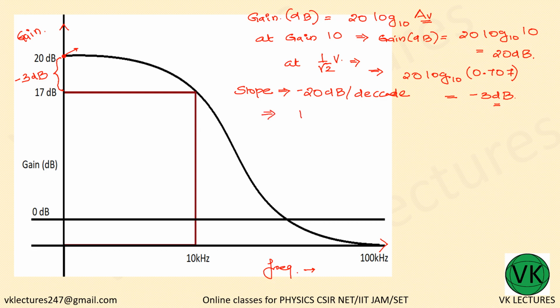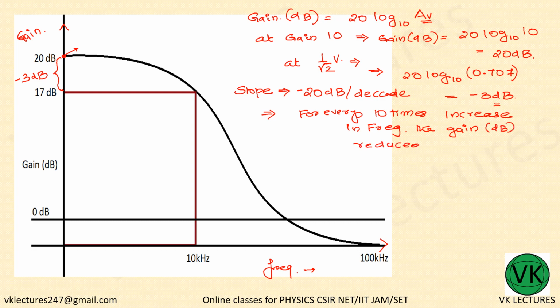This means that for every 10 times increase in frequency, the gain in decibel reduces by minus 20 decibel. That means if the frequency increases by 10 times, the gain reduces by 20.